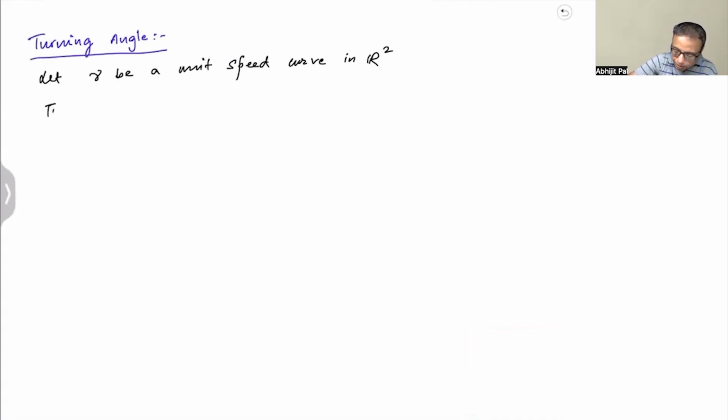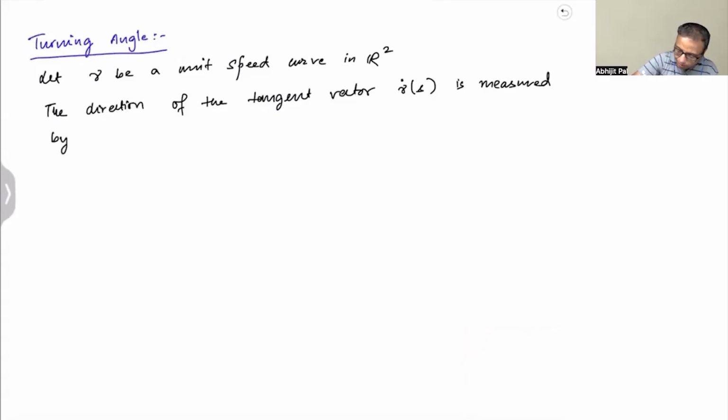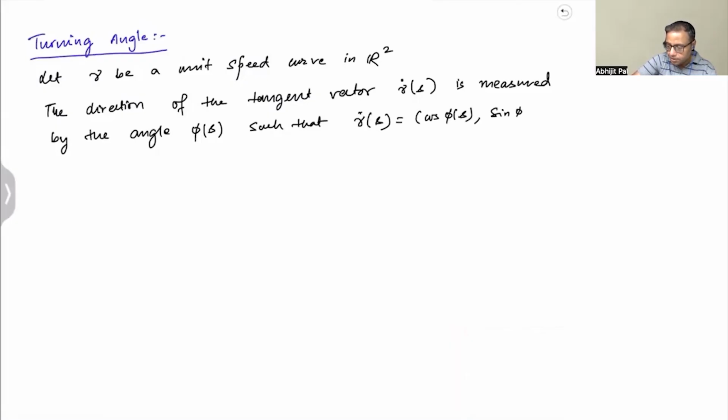So the direction of the tangent vector gamma dot s is measured by the angle phi s such that gamma dot s is equal to cos phi s comma sin phi s.